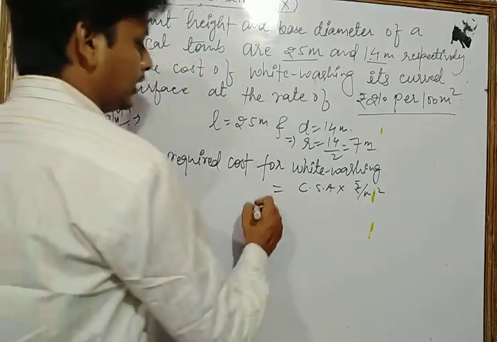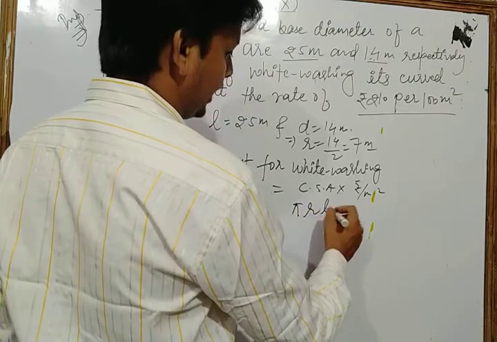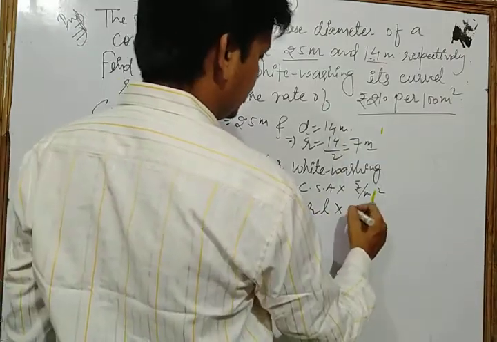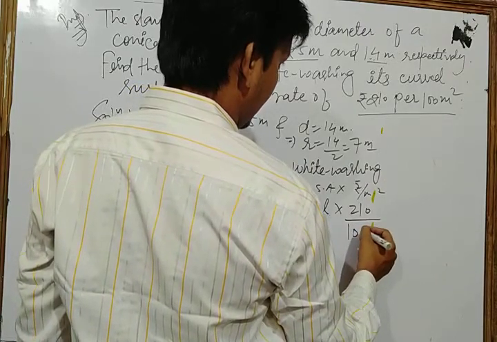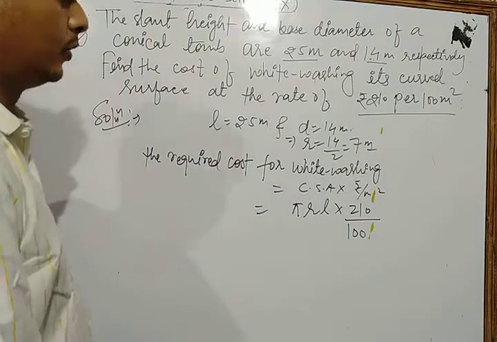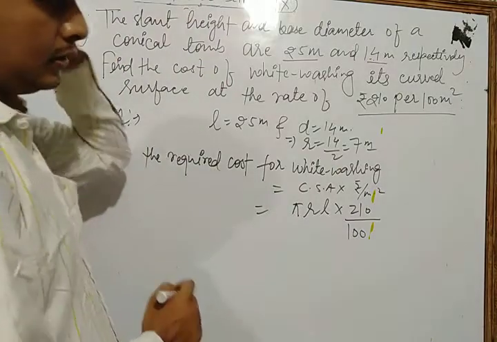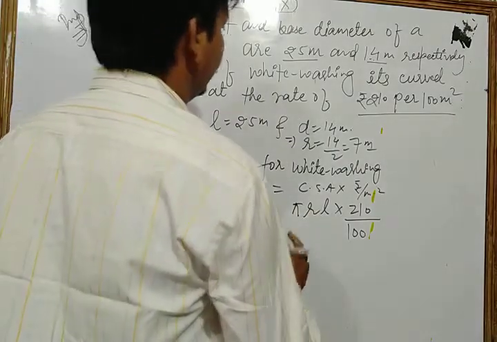square. So let's see, the curved surface area of the conical tomb is pi into r into l into rupees. What is the rupees? 210 per 100. Okay, now let's see its solution. We put all the values in that.